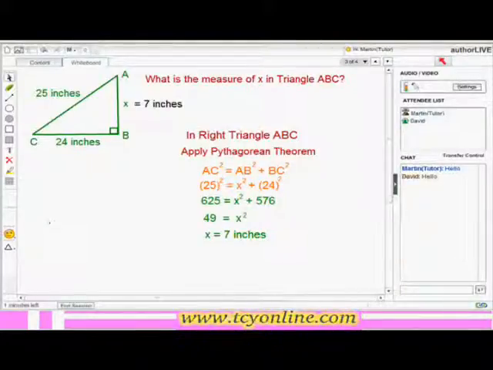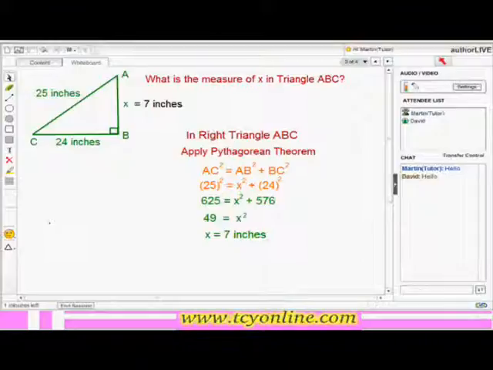The Pythagorean theorem states that hypotenuse square is equal to altitude square plus base square. By referring to triangle ABC, we can say that AC square is equal to x square plus BC square, where AC is the hypotenuse, which is equal to 25 inches, and BC is the base, which is equal to 24 inches, and x is the altitude whose measure is required.